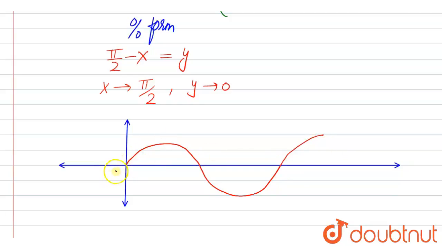This is 0, this is pi, this is 2 pi, this is pi by 2, this is 3 pi by 2, and this is 2 pi plus pi by 2, which is 5 pi by 2.